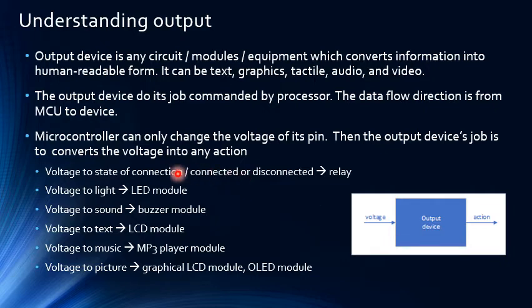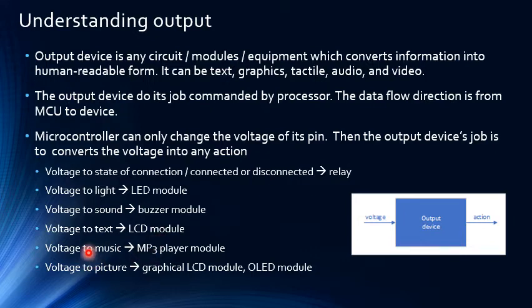If we want to have the state of connection, in here the real action is connecting or disconnecting a switch, then the output device, which is a relay, converts from 0 volt into the state of a disconnected switch, and when the voltage is changed by the microcontroller into 5 volt, then the state becomes a connected switch. So the output device to do this job is the relay.